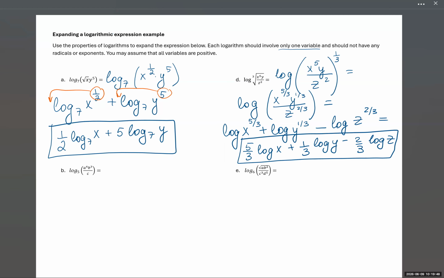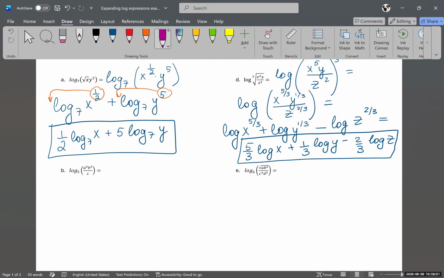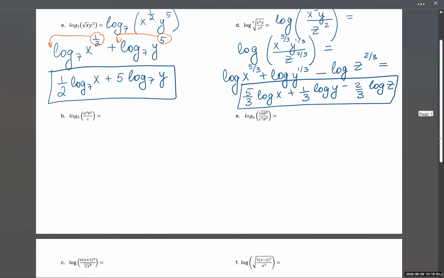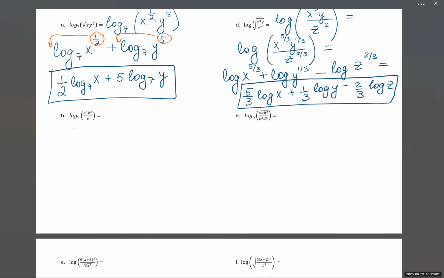All right, now the next line, we have log base 5 of a to the 4th, b to the 3rd, and divided by c. This one is pretty straightforward. The things that are in the numerator will have logs that are added. The c that's in the denominator will have a log that's subtracted.